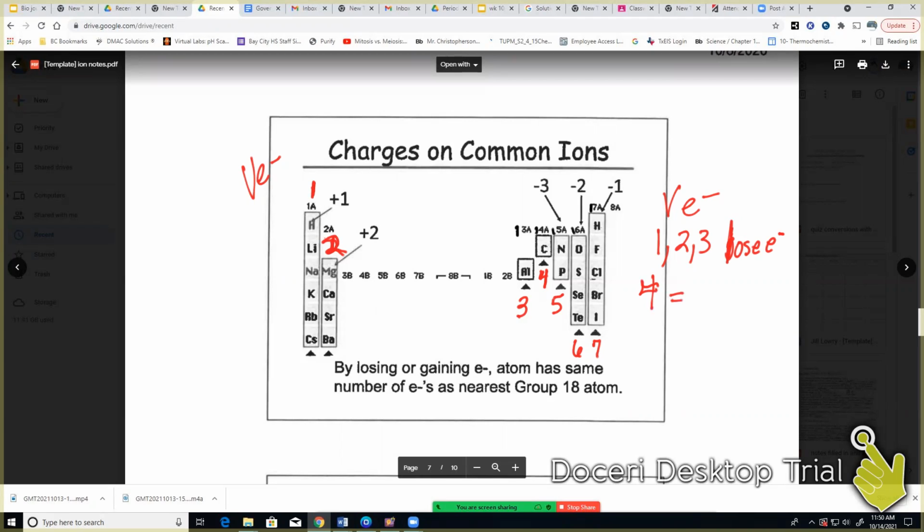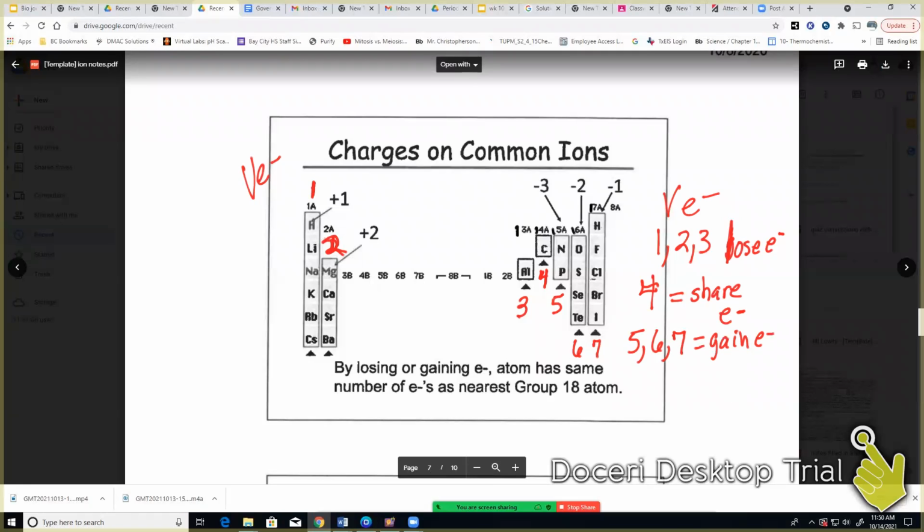They're right in the middle, so they tend to share electrons. And those will be covalent bonds. We'll talk about those a little later. The ones that have 5, 6, or 7 valence electrons, that's pretty close to 8. So these can gain electrons. They're going to try to gain enough electrons to fill up that valence.